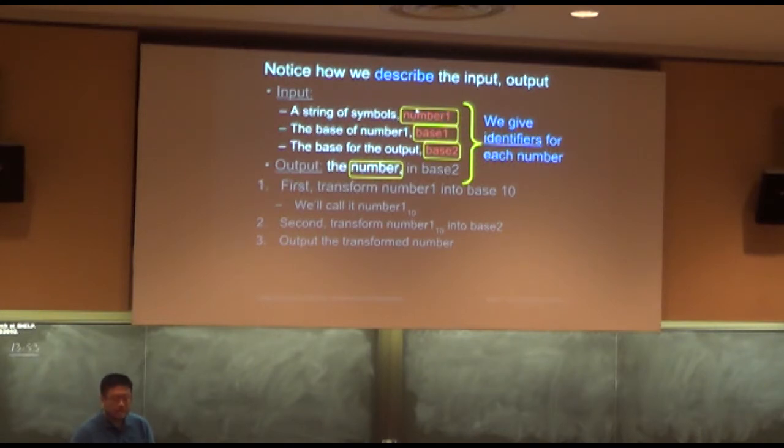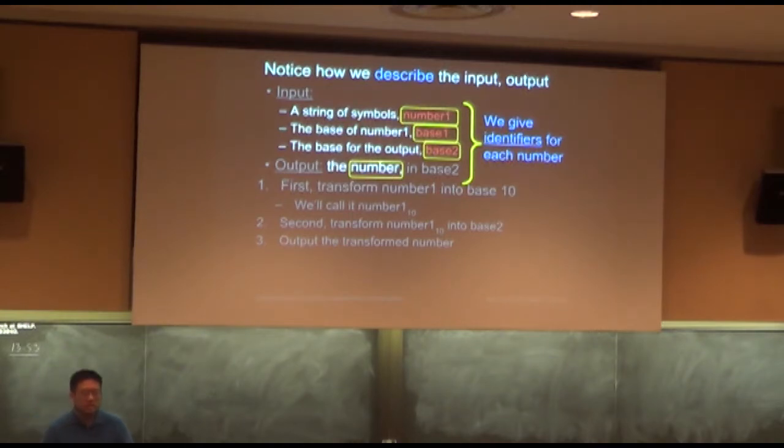So I'm going to call that string of symbols that we're going to convert number 1. And I'm going to call the base for the input number base 1, and the base for the output number, I'm going to call that base 2. Those are just names for values because we're not converting just one number. We're converting any arbitrary number in any arbitrary base that comes into this algorithm into any other arbitrary base that is requested by the input.